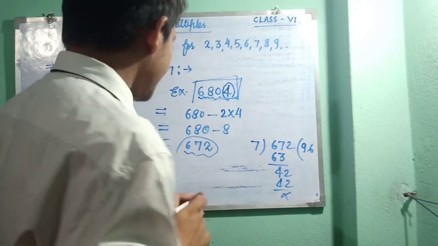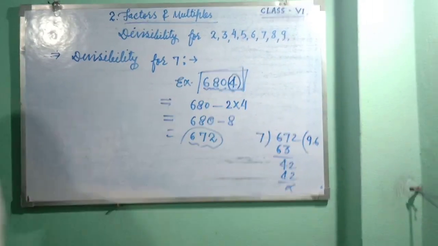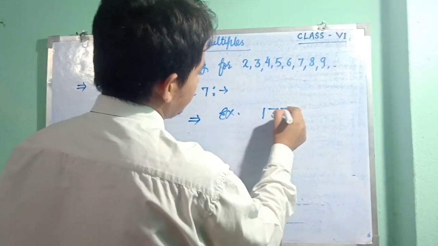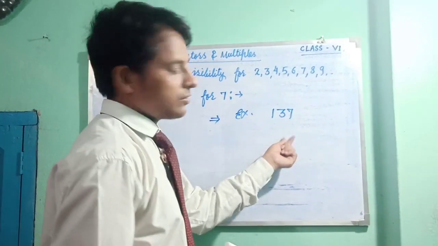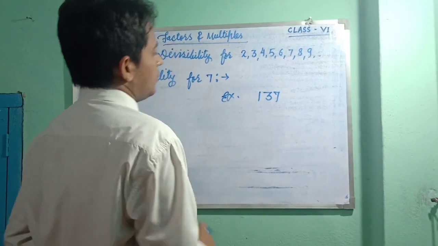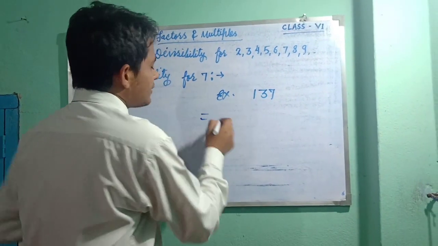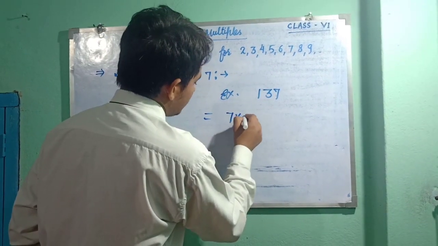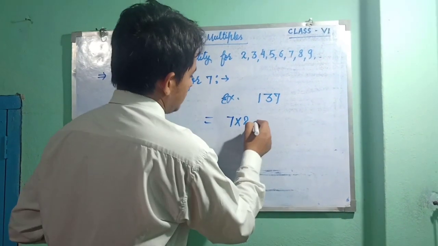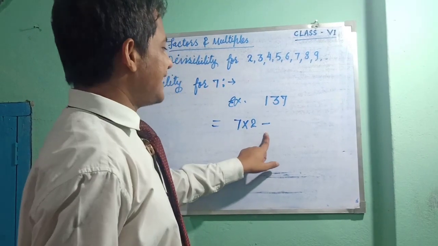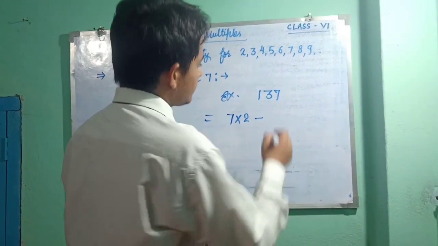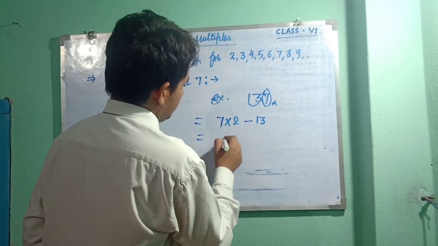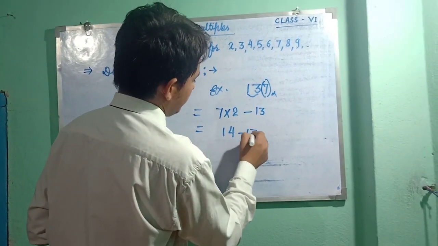Okay, now see another example: 137. Have a look, is it divisible by 7 or not? First see the difference between twice the ones place digit and the number formed except the ones digit. This is 14 and this is 13, so the difference becomes 1.